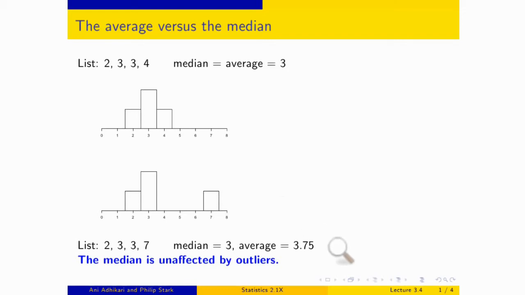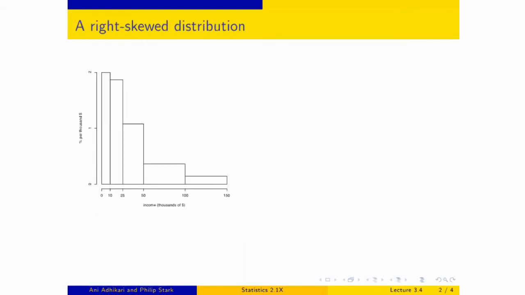The average, however, is affected by every single number on the list. So you mess with one number, you are going to mess with the average. This is most visible in datasets of a kind you've seen before. There's your income histogram, the incomes of US adults. This dataset has a histogram that is not symmetric by any means.